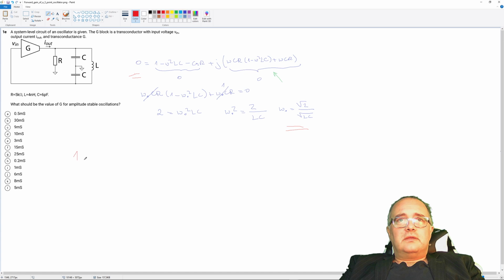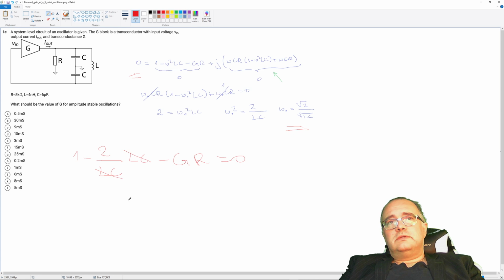So now I can write 1 minus omega square, and omega square is 2 divided by LC, times LC, minus GR is equal to 0. LC will cancel out, so GR will be minus 1, and G will be 1 over R.